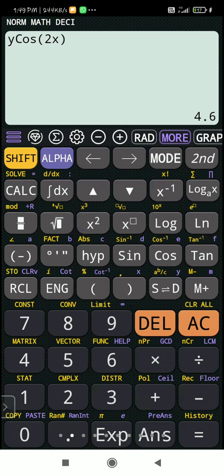Just shift equal to, or S D, just above the del symbol you will find it, so you'll get this value, right? Again press equal to, you'll get minus 4.6 for y cos 4x, right? And then again press equal to, you'll get 7.96 for y sin 2x, and again press equal to, you'll get 7.96 for y sin 4x.